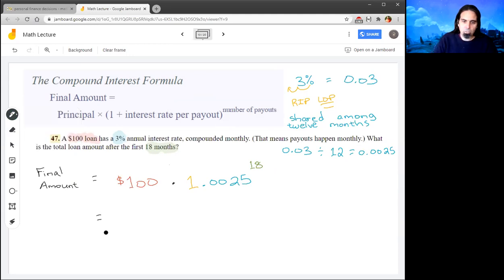So what is 100 times 1.0025 exponent 18? So $104.60. There we go. That sounds much more like what 3% compound interest should be.